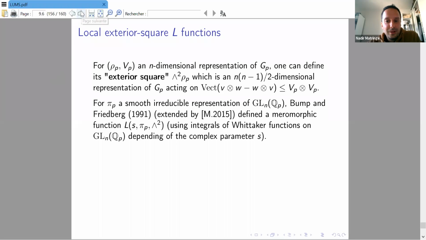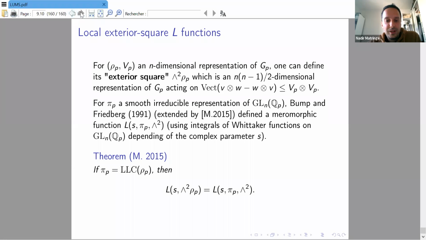And so here is what I proved in 2015. You take rho_p a local Galois representation. You define pi_p to be the smooth irreducible representation of GL_n(Q_p) which corresponds to rho_p via the local Langlands correspondence, which, as I remind you, exists by the results of Harris, Taylor, and Henniart.